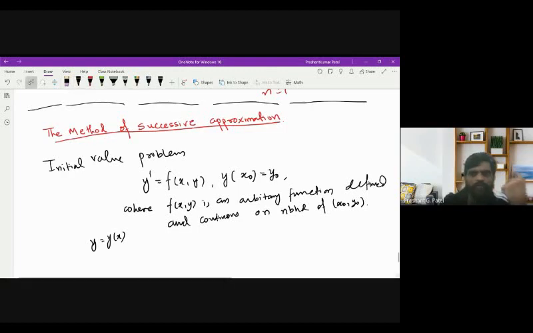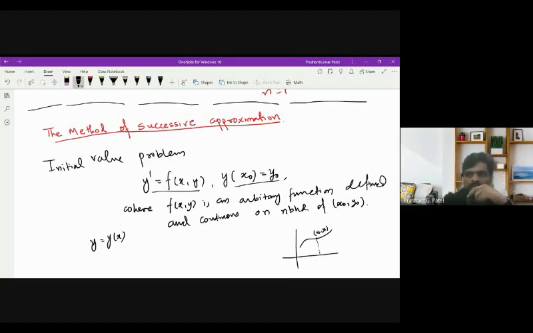So we are interested to find the graph of the function y equal to y of x, which has to pass through the point x0, y0, and satisfy this initial condition as well as this differential equation. That is our objective.